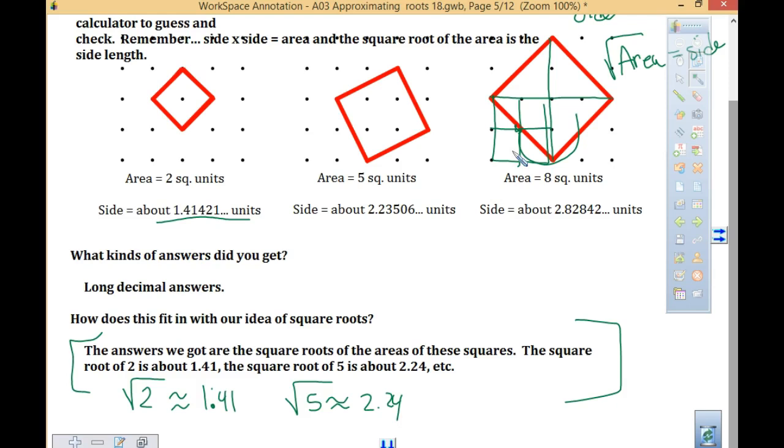I want you to look at this square, and if you draw these lines like this, do you see that this is 1 square unit? You agree? And if I put these two together, this would be 2 more. And this would be another 2. So 1, 2, 3, 4, 5. That's how we got the area of 5.